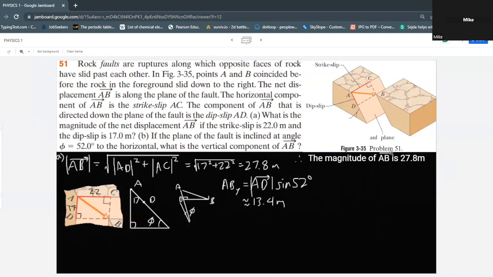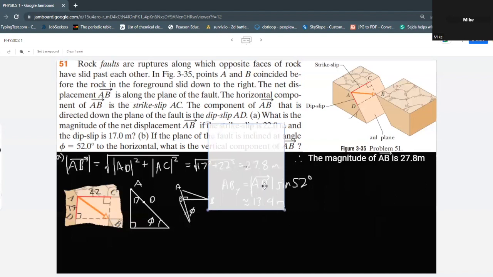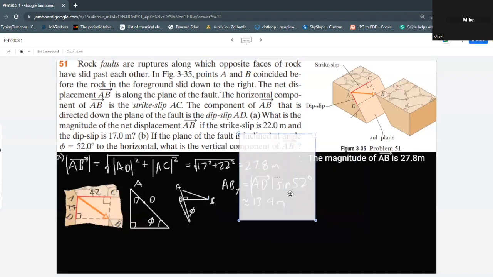Okay, ngayon yung sa part B, lagyan mo na ng label. Hindi siya cut and paste, no? Pwede po siya naka-copy and paste.